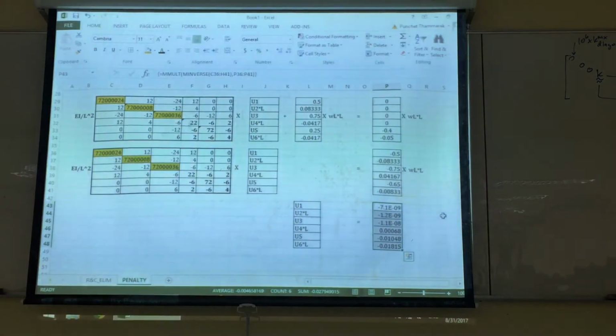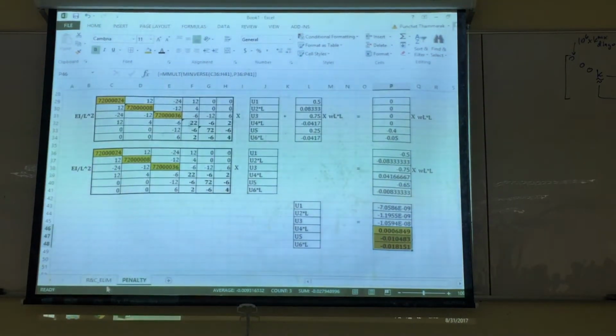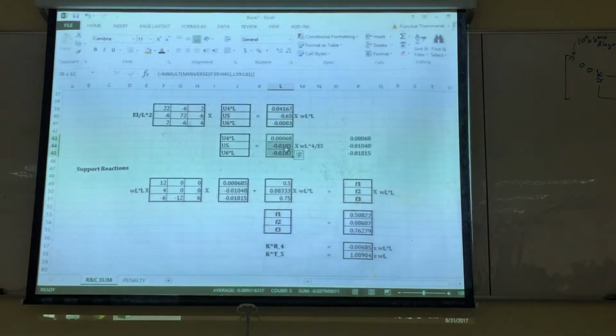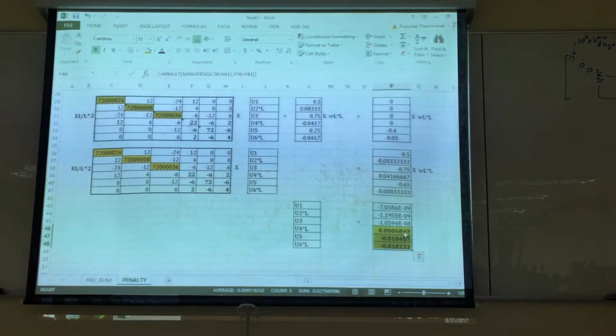Okay. What do you see? Highlight these three up. Go back to this page. Where is 0068, 0105, 0182, 0068, 01048, okay, 0182, pretty much the same.